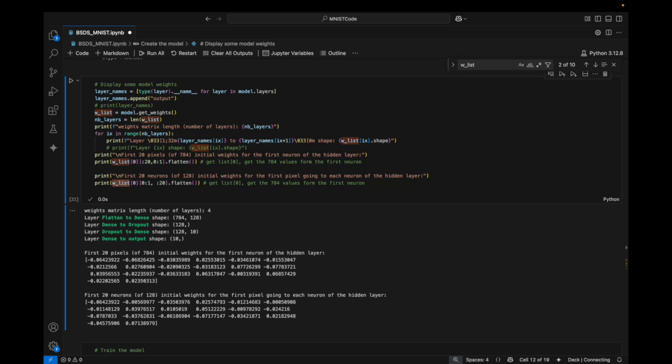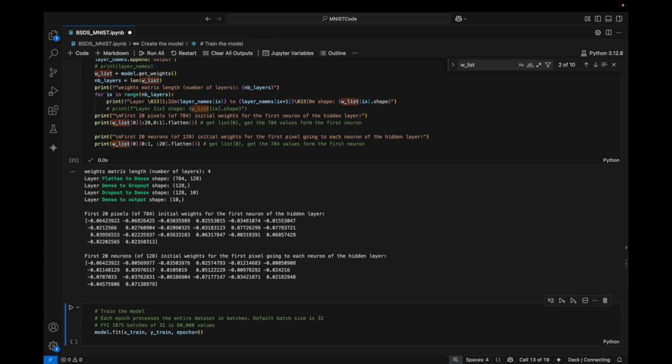The first column represents the weight of each input value going into the first neuron. We can see the first 20 of those values, with both positive and negative values. The second array represents the weights the first pixel receives from the first 20 neurons. We can see that the first value of each array is the same since it is the weight of the first pixel going to the first neuron. The other values are different.